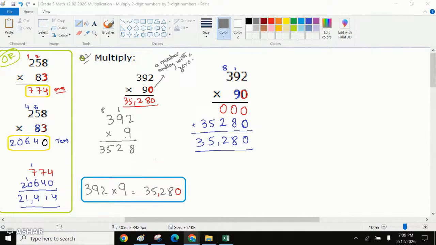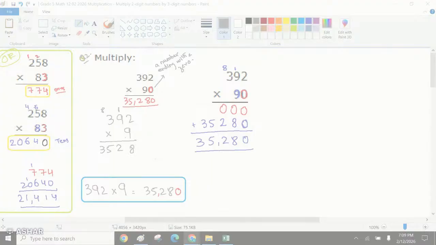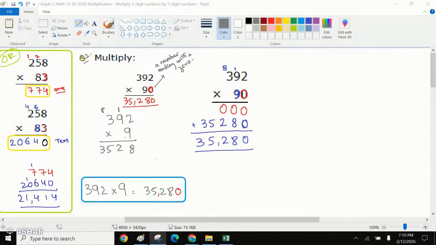Let's have a look at another question. The next question says multiply 173 by 35. So question number 3 gives us this information.